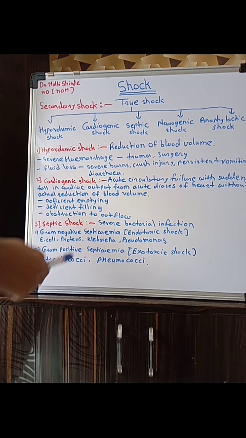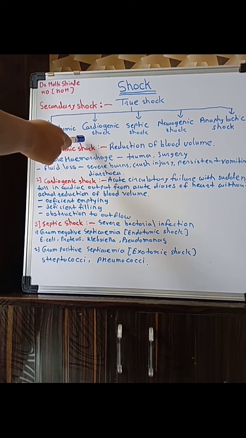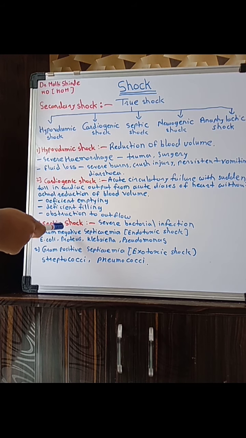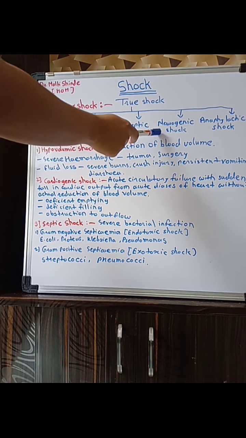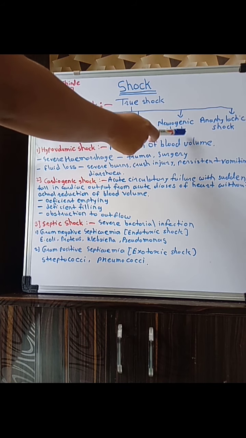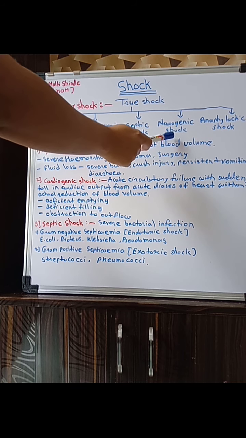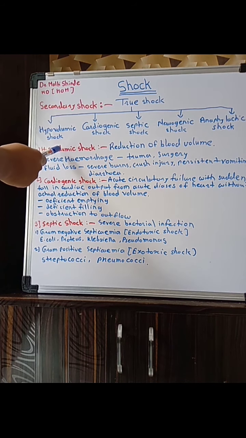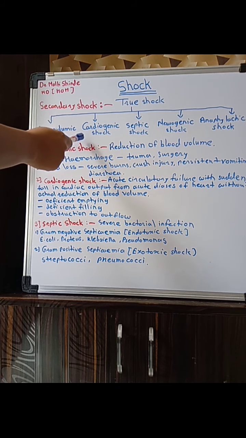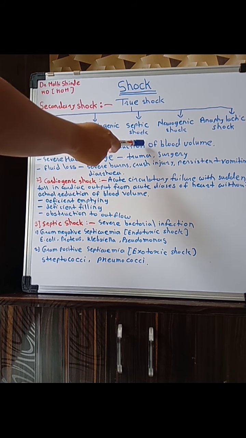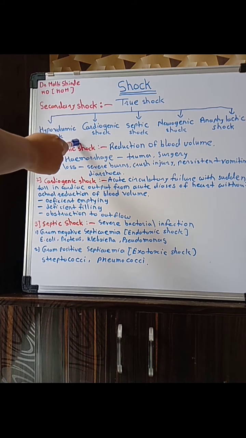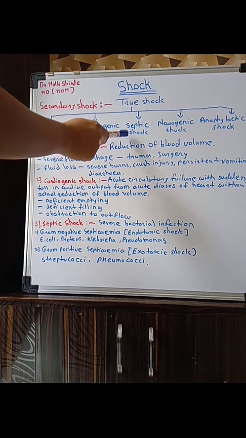True shock is classified into mainly three types: hypovolemic shock, cardiogenic shock, and septic shock. Along with this there are two more types of secondary shock, neurogenic shock and anaphylactic shock. These are the different types of shock classified according to their causes or etiological factors.